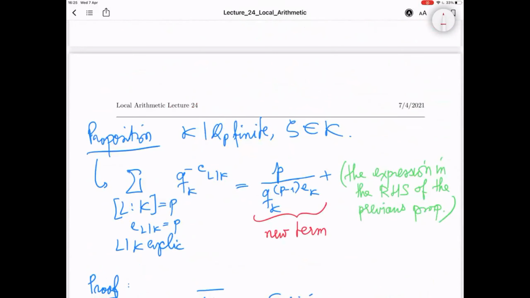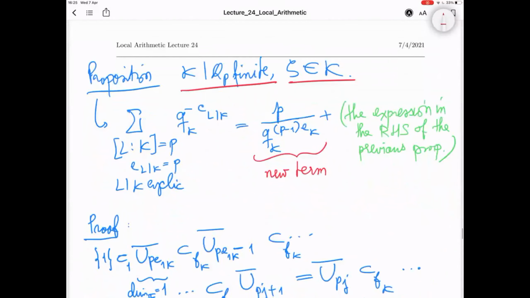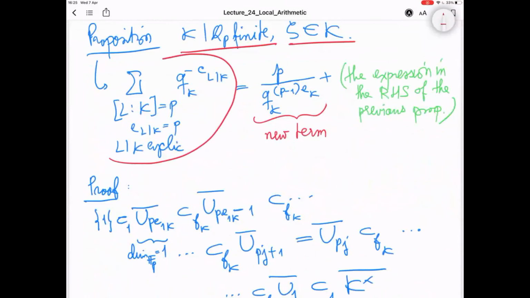Finally, let's look at a finite extension K of QP, which contains a primitive Pth root of unity. And I want to compute the same sum, the same contribution of totally ramified degree P cyclic extensions, and this is the same exponent.